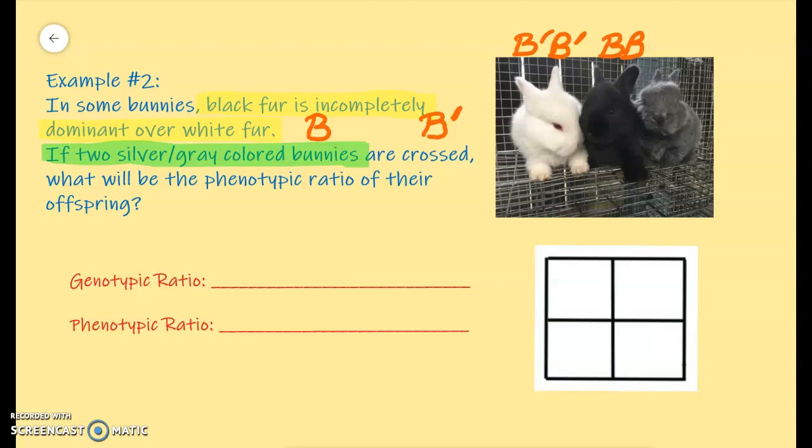Well, silver or gray, if you look over the picture, obviously is in between black and white. If you mix black and white, you get something along the lines of silver or gray. So that tells us that the silver or grayish bunny is going to be heterozygous. So big B apostrophe. So if I cross 2 silver gray bunnies, so let me put 1 silver gray right here and 1 silver gray over here.